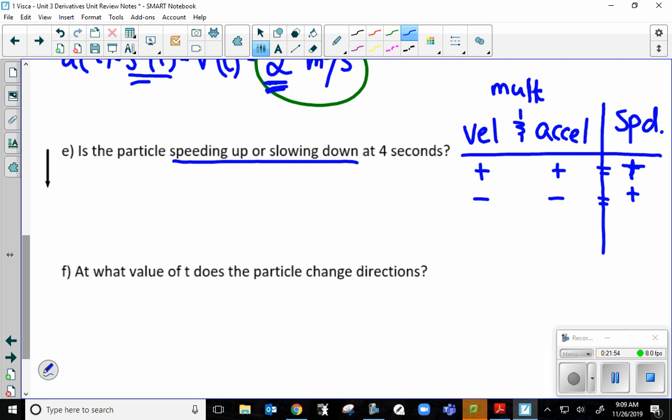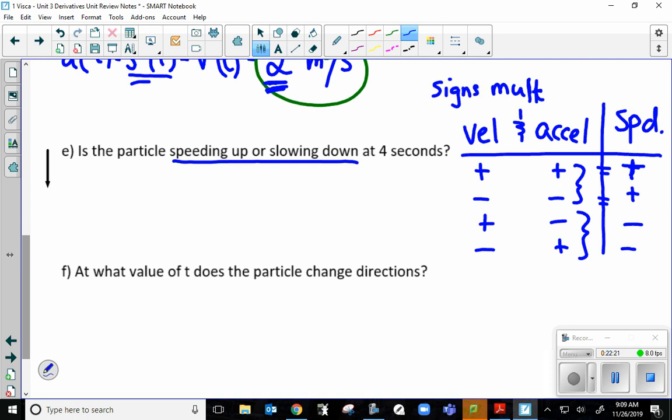What if velocity is positive and acceleration is negative? Well, speed is decreasing. What if velocity is negative and acceleration is positive? It's also decreasing. So if the signs are different, it's decreasing. If the signs are the same, it's increasing. Just like the same relationship between multiplying numbers. It's the same thing with the signs when you're multiplying.